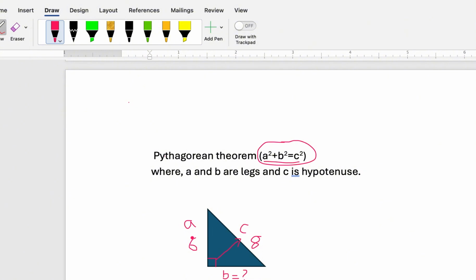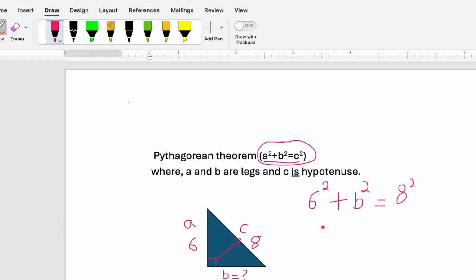In this case, I'm putting my A as 6 squared, to the power of 2, plus B. It's not given to us, so I'll just put it as B squared, or B to the power of 2, equals C to the power of 2, and C is 8 to the power of 2.